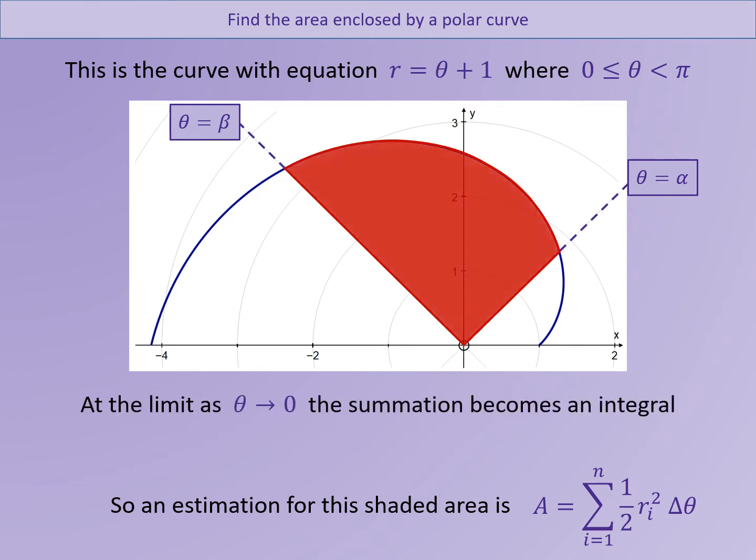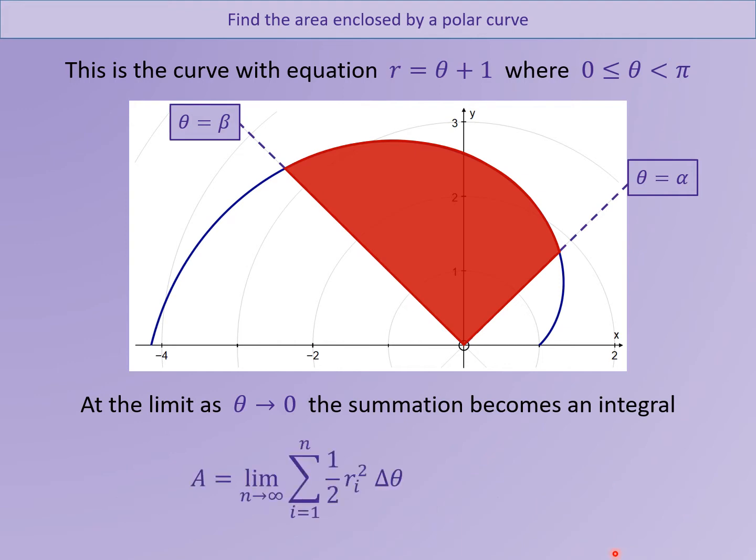Now our goal, of course, is to make that change in theta as small as possible. The smaller we get that value, the closer and closer it tends towards zero. And as it tends towards zero, if I look at the limit of this summation, it's going to become an integral. We've seen that plenty of times now, where the summation tends towards zero, so therefore it becomes an integral. So how can I write this as an integral?